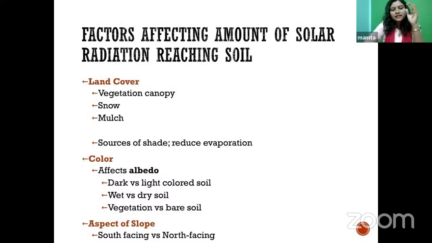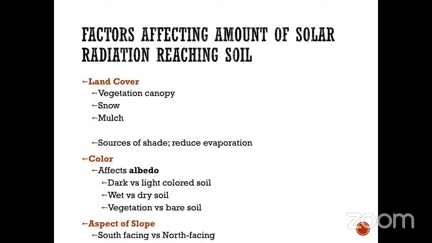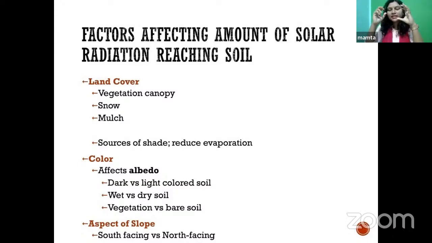So what happens is that in the northern part the first half of the sunlight comes, and in the south the second half of the solar radiation comes, or more radiation will come.